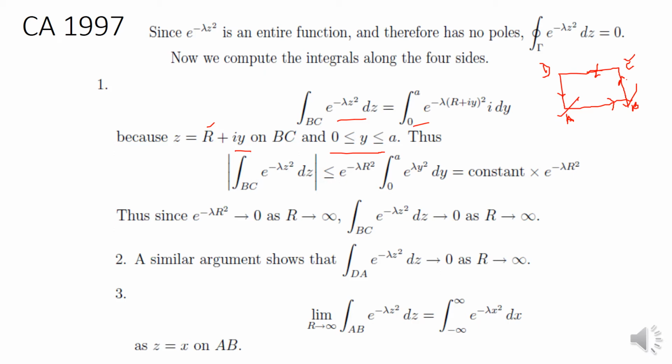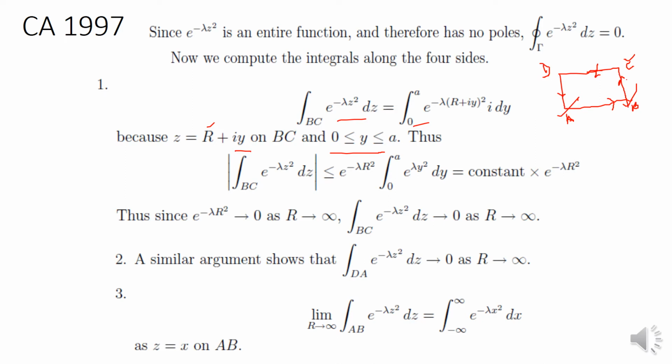We know the theorem that if f(z) is integrable along a curve C having finite length L, and if there exists a positive number m such that mod f(z) is less than or equal to m on C, then mod of the integral over C of f(z) dz is less than or equal to mL.